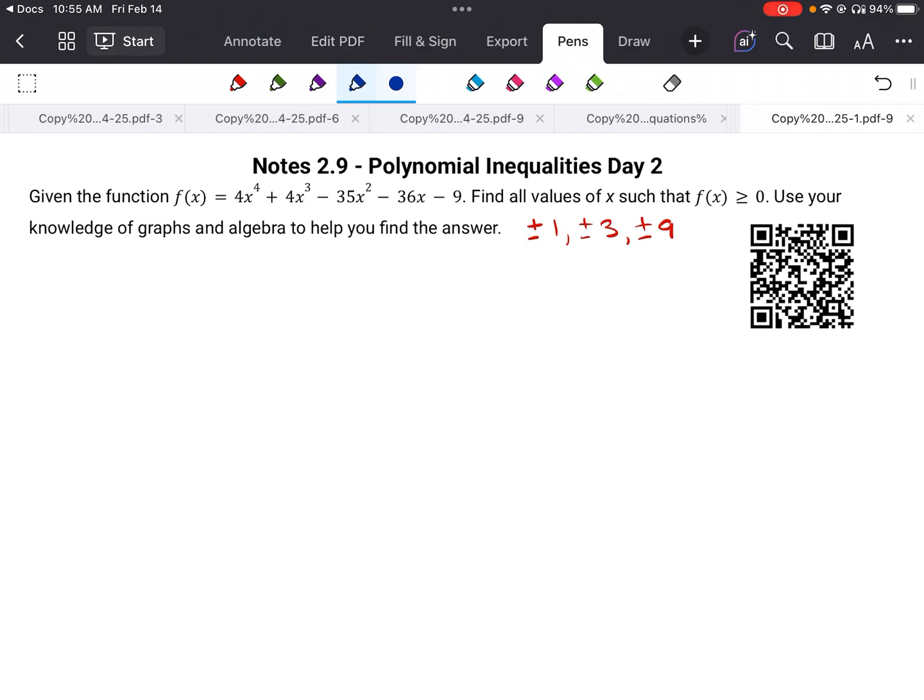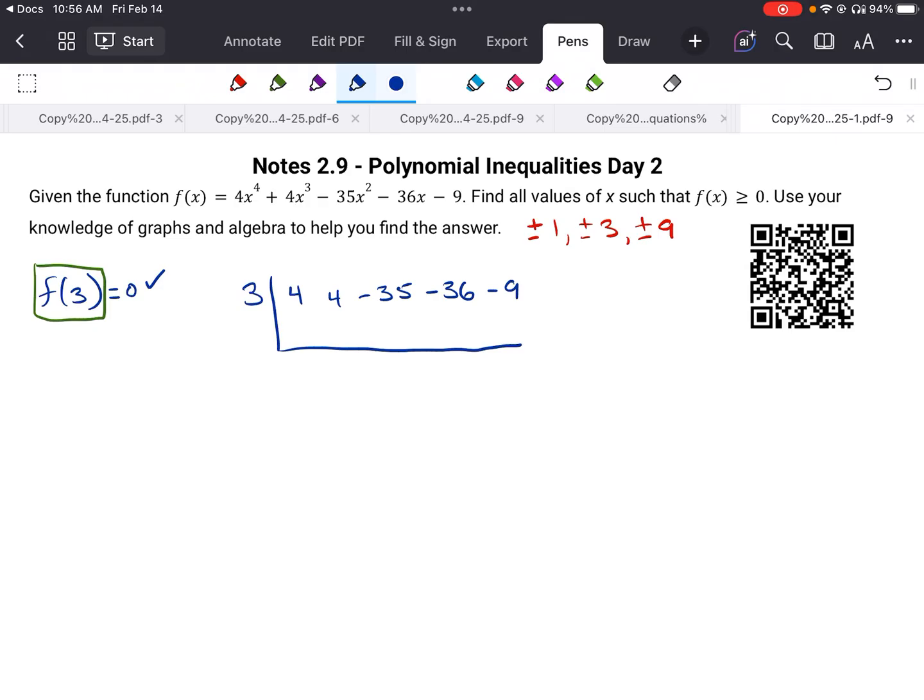We go through them and figure out 1 doesn't work, but 3 does. So f(3) works. That's going to be factor number 1, and let's divide everything by 3: 4, 4, negative 35, negative 36, and negative 9.